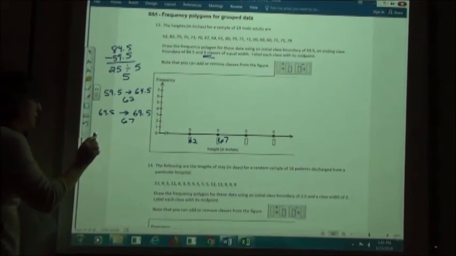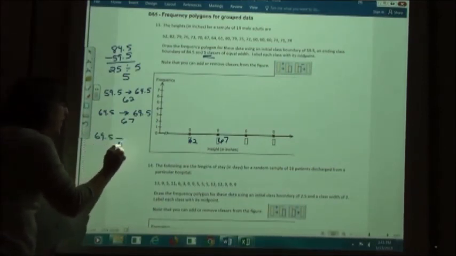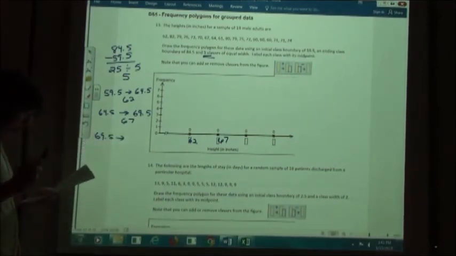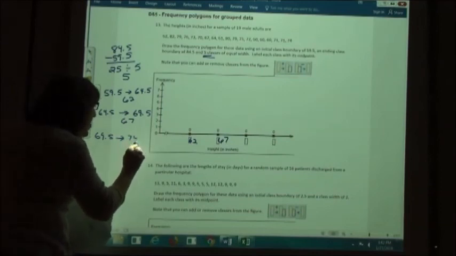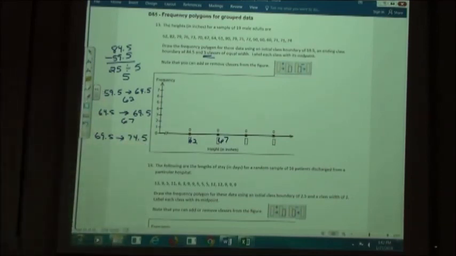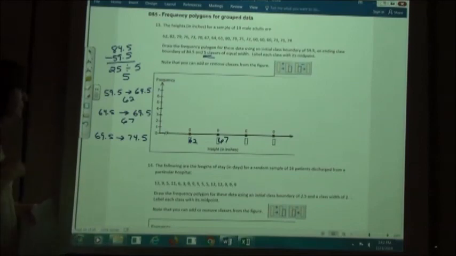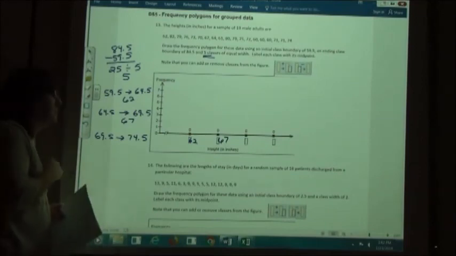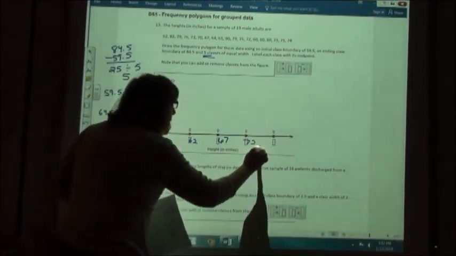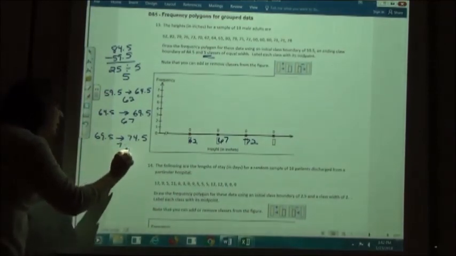My next section is going to be from 69.5. 5 more than that would be 74.5. So the midpoint of that would be 72.